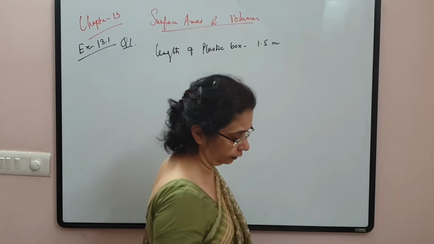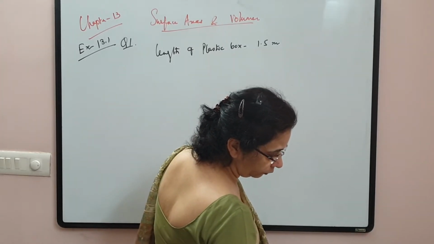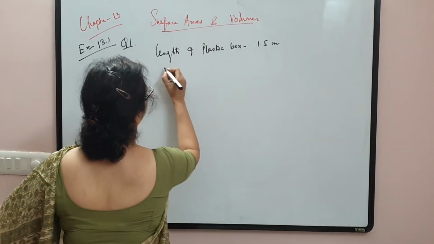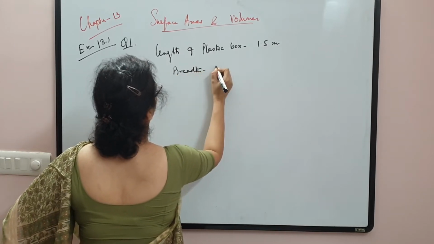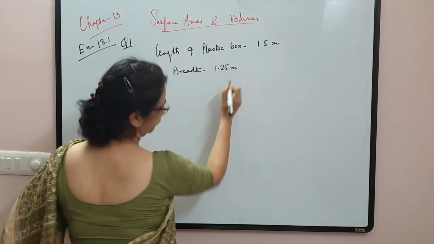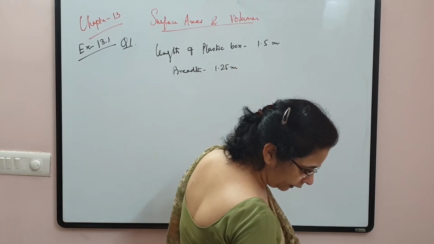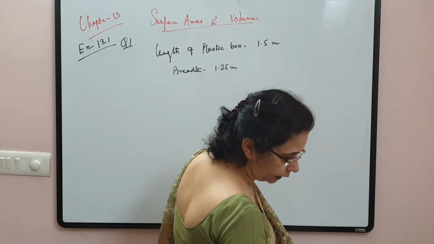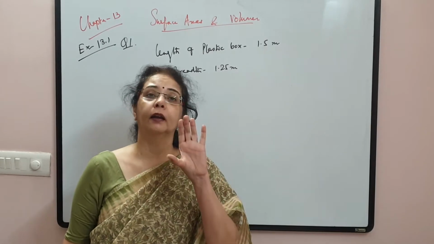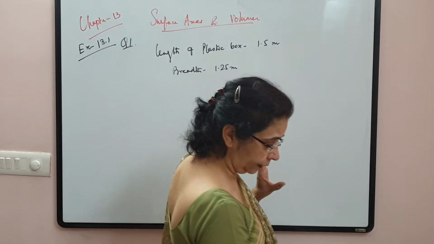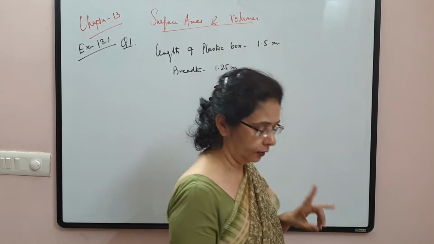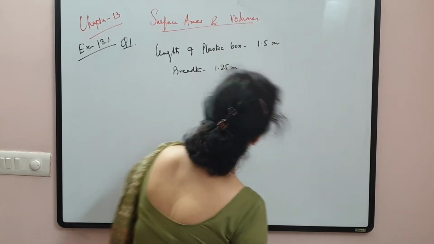Width is breadth, so breadth is 1.25 meter, and it is 65 centimeter deep. Deep means height, depth. So when they say deep, it is height. So height is 65 centimeter.